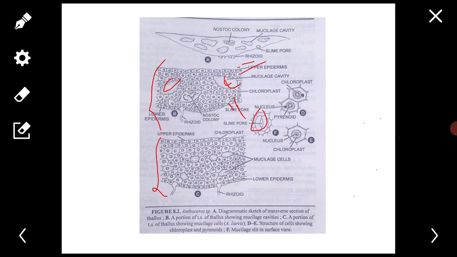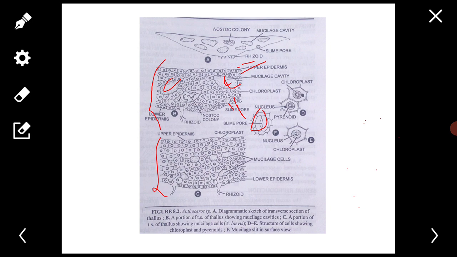The alga fixes atmospheric nitrogen and transports the fixed nitrogen into the thallus of Anthoceros, and gains in place of it carbon nutrition from the thallus, because the alga shows little ability to fix carbon dioxide itself. So the alga gains carbon compounds from the thallus, and converts the fixed nitrogen gas into nitrogenous compounds, which it provides to the thallus. So both partners benefit each other.